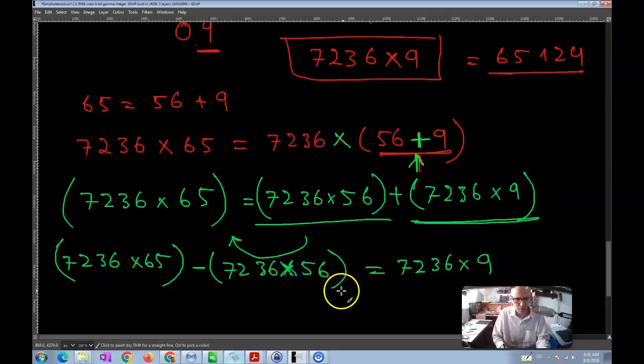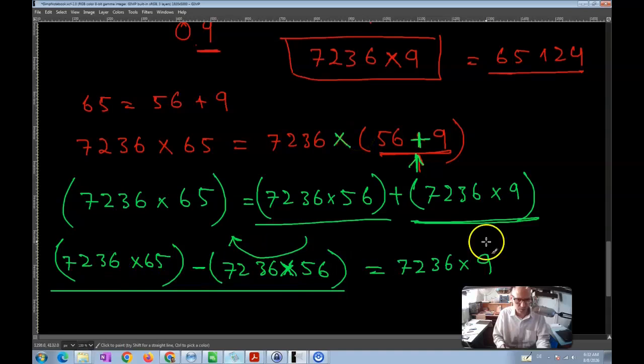Now this part over here is automatically the difference between what the student was supposed to calculate and what the student calculated by mistake, which is what we were trying to find out here.